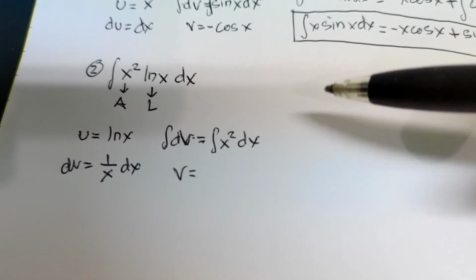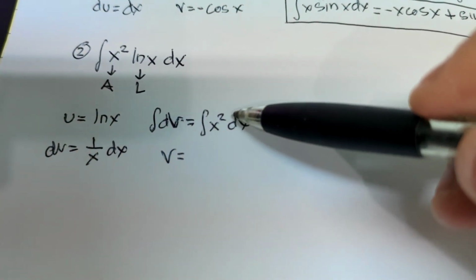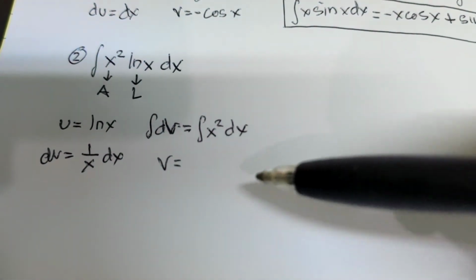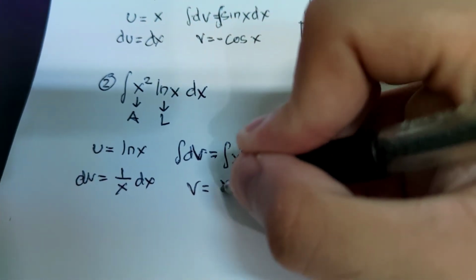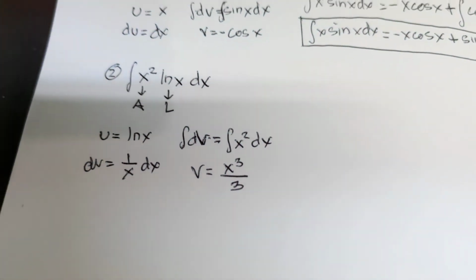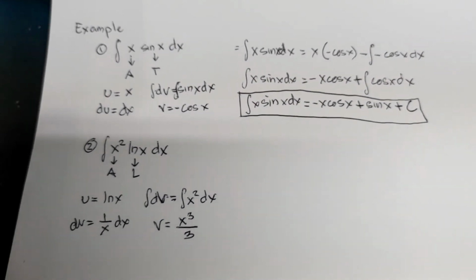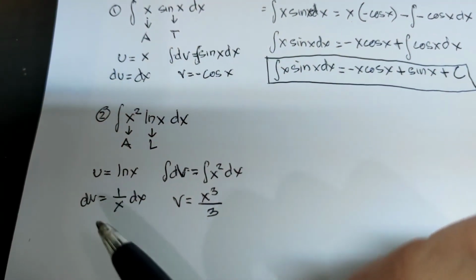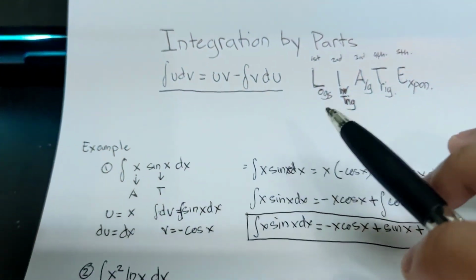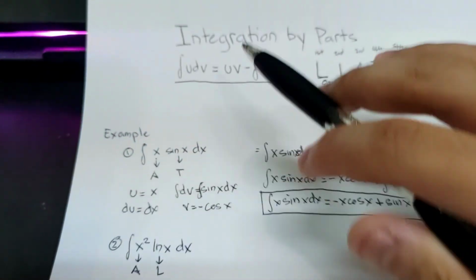By using the power formula, we add 1 to the exponent and the same to the denominator, 2 plus 1, so we'll have x cubed over 3. Now that we have our du and v, we can use this formula.